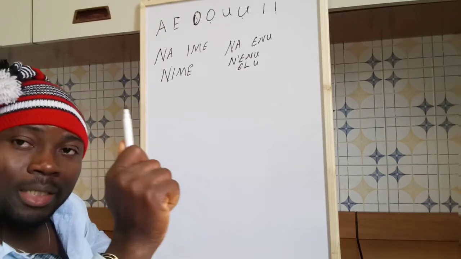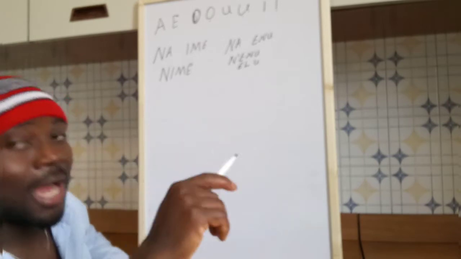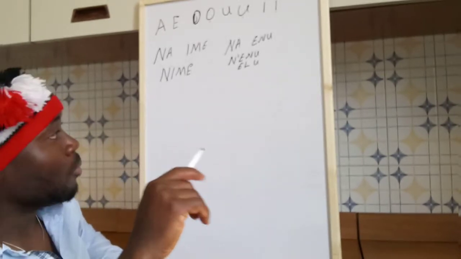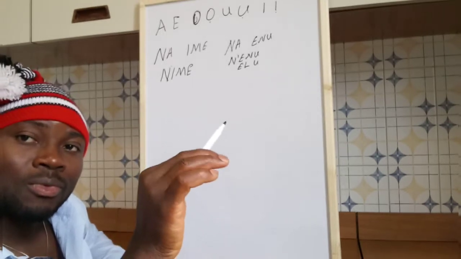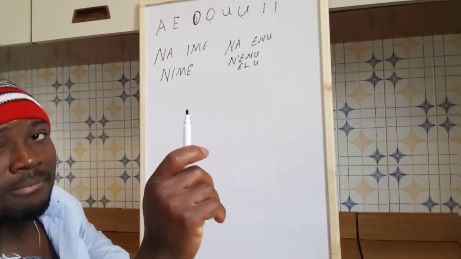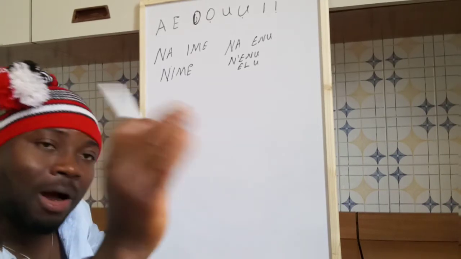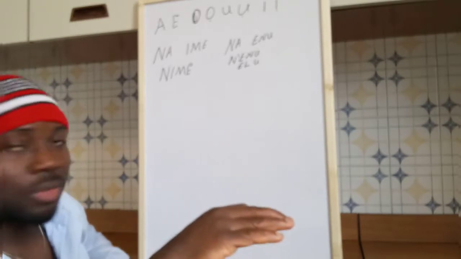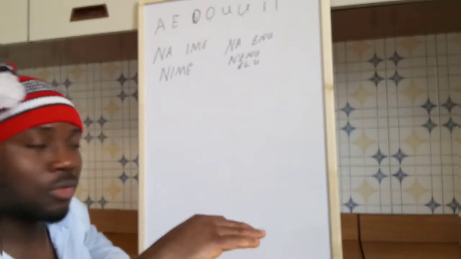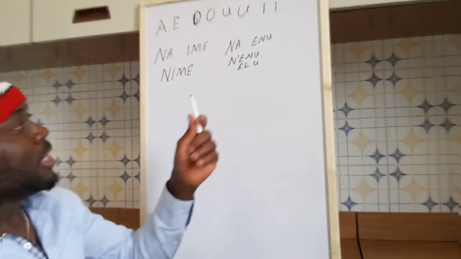In Enugu, Anambra State, we call it ana. But if you go to Imo State, Abia State, they call it ala. These are perfect Igbo words and Igbo forms of pronunciation. Nobody is going to say that you got it wrong.